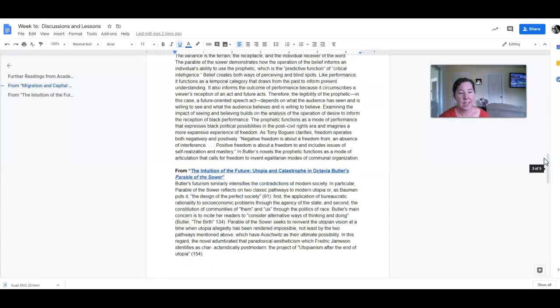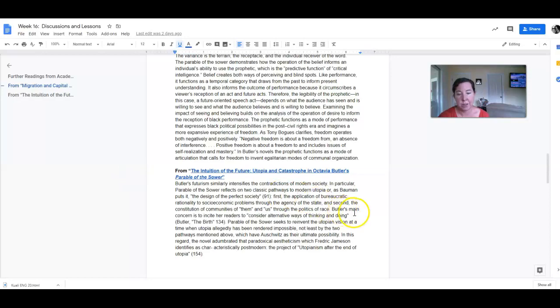The next article is The Intuition of the Future: Utopia and Catastrophe in Parable of the Sower. This article discusses the two classic pathways to modern utopia. First is the bureaucratic rationality applied to socioeconomic problems through the agency of the state, and second is the institution of communities of them and us through the politics of race.